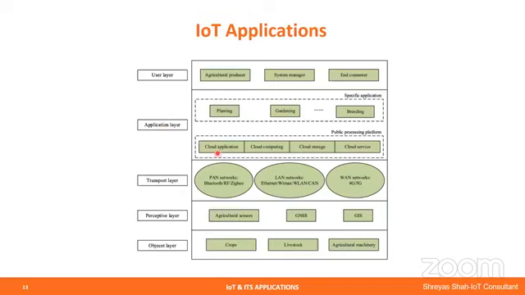Then the application layer comes up. There are multiple applications designed or developed by a user, that is cloud service, cloud storage, cloud computing. These are cloud-based applications, because when we get this data, we store it onto the cloud, we compute it, we provide data aggregation, or we provide this data to different applications.